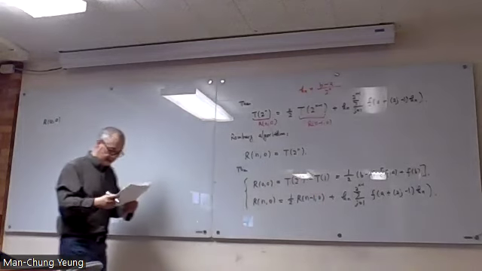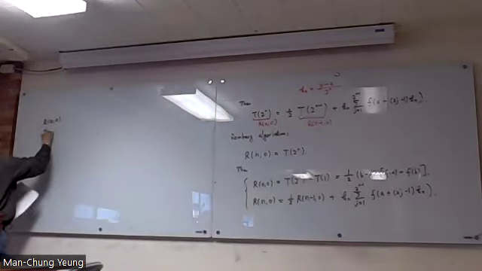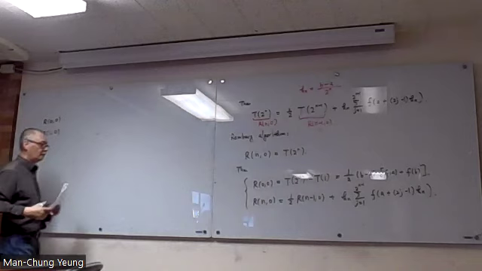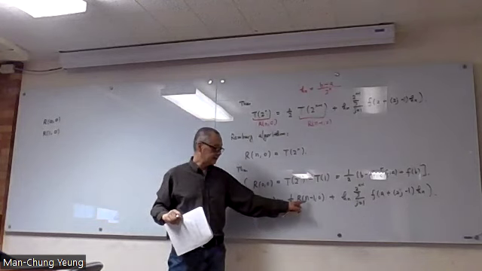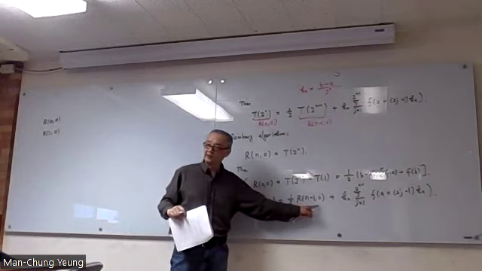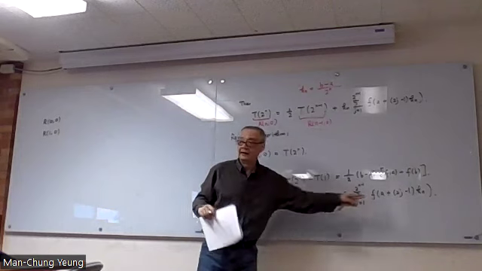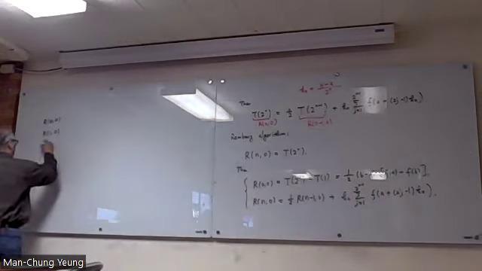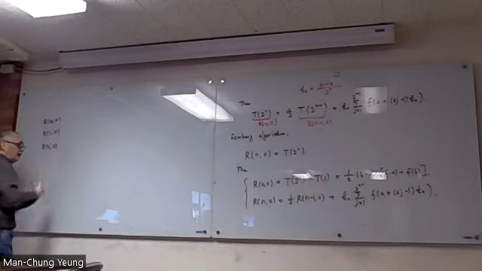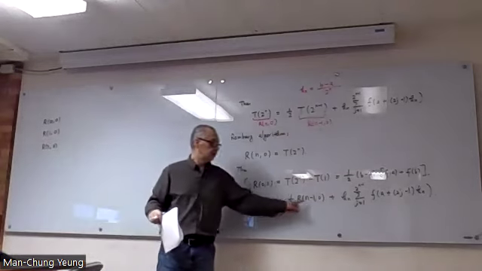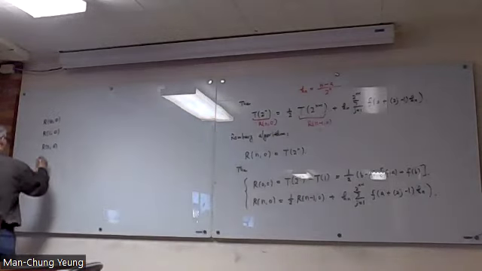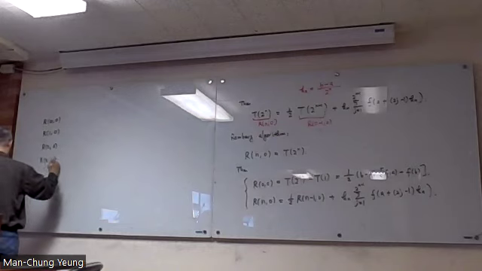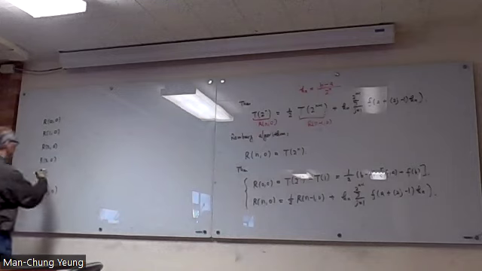And then compute R 1, 0, setting n to 1, then R 0, 0. Then compute R 2, 0, setting n to 2, and R 3, 0, and R m, 0.